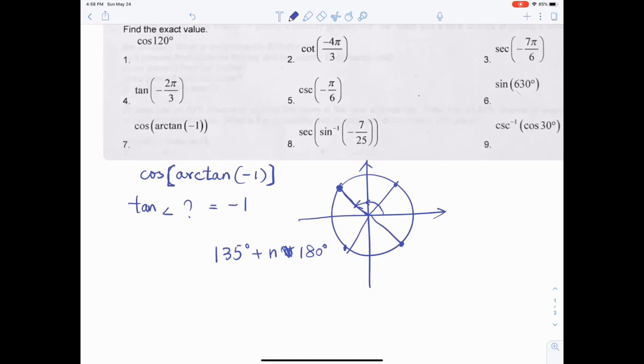Every time there is 180 degrees, there is a turn. N is an integer, any integer: 0, 1, 2, 3, 4, negative 1, 2, 3, 4, all good.